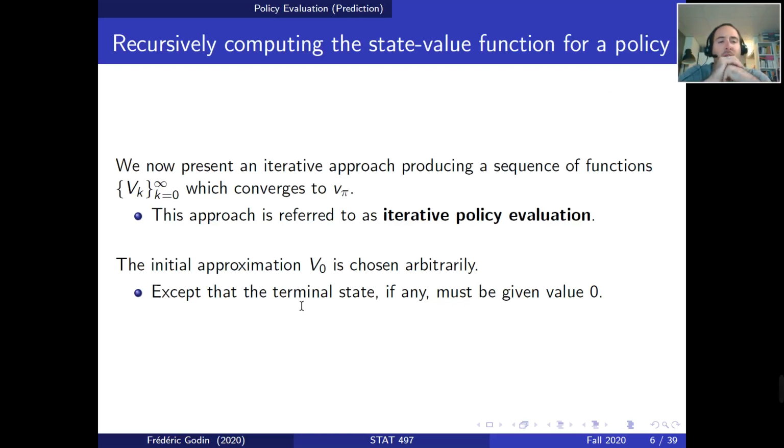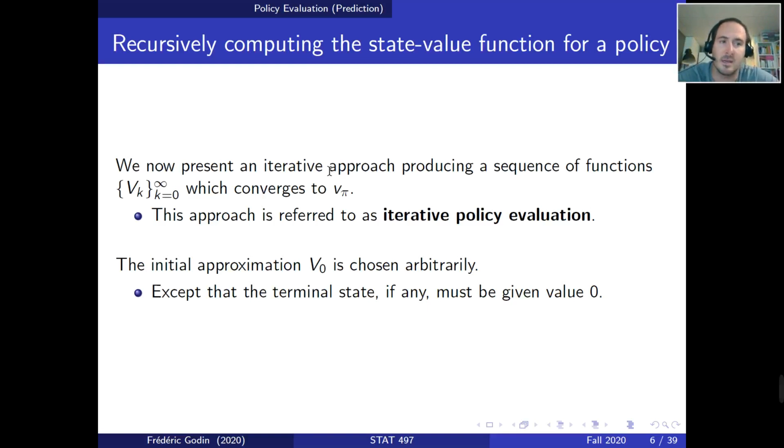So here we're going to propose an iterative approach which produces a sequence of functions vk, so v0, v1, v2, etc., and these functions will converge to the value function. Instead of directly calculating v pi, we're going to show how to come up with an iterative procedure to obtain a sequence of functions, and these functions will converge to v pi.